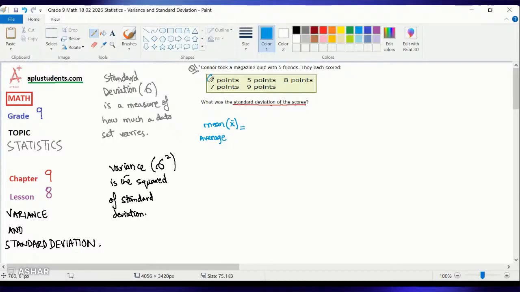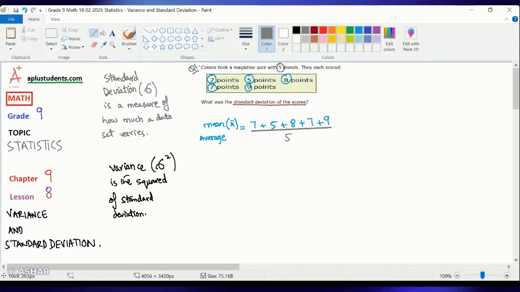The scores were 7, 5, 8, 7, and 9. So we add the numbers together, and there were 5 scores, he did it with 5 friends, so we divide by 5.